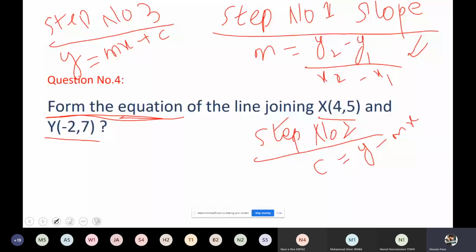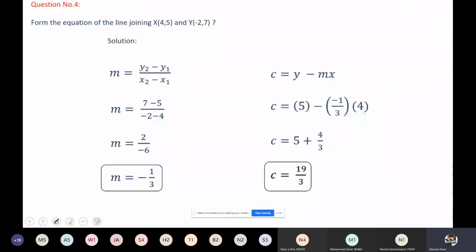Look, step number 1, find the slope. Two of the points are (4, 5) and (-2, 7). Let's put the values. This is y2, this is x2, this is y1, and this is x1.